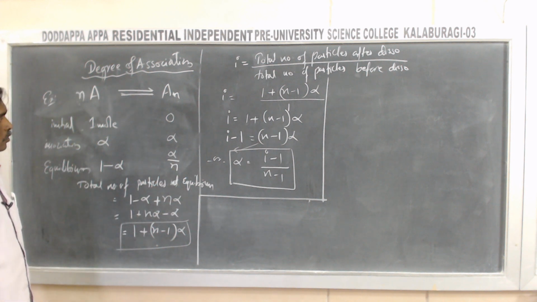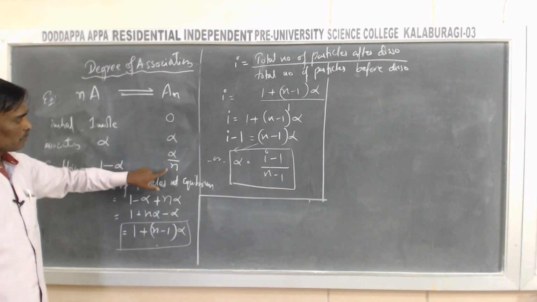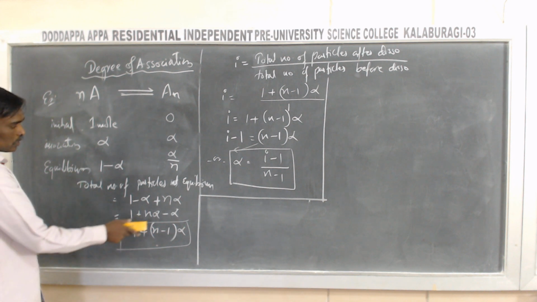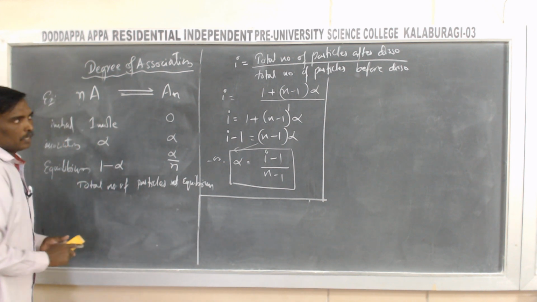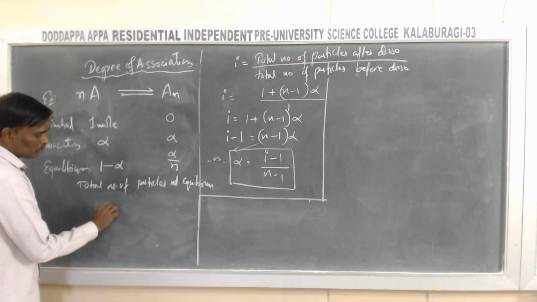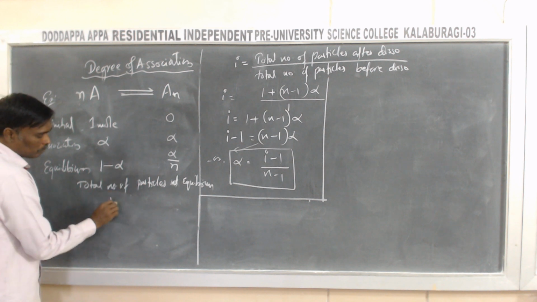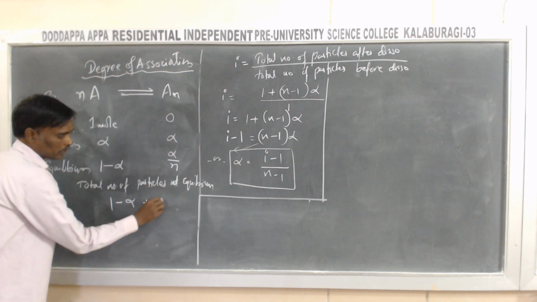So alpha by n moles are formed. Now, when the system attains equilibrium, the total number of particles at equilibrium is the reactant, 1 minus alpha, plus the product, alpha by n.